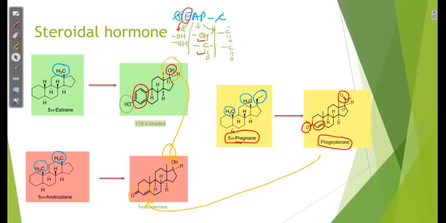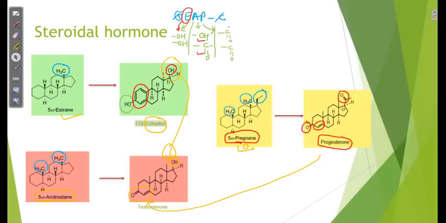Testosterone is very interesting for us because it is very easy. Estradiol is an estrogen derivative, progesterone is a pregnane derivative, but if anyone says testosterone is a testis derivative, sometimes people say that, but it is not a testis derivative. It is produced from the testis, but it is an androstene derivative. This is the basic molecule. Good. So this is a very basic steroidal hormone which can be synthesized in our body.